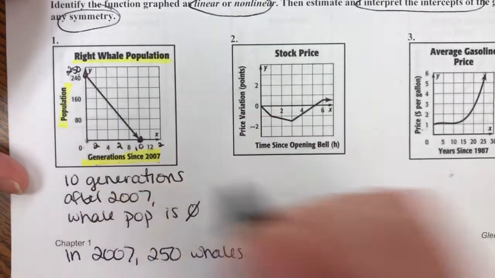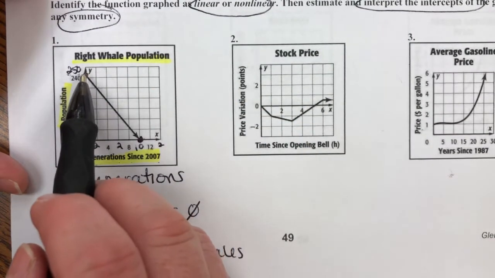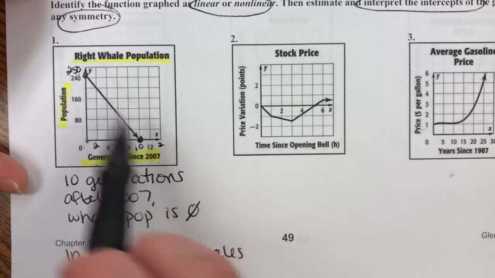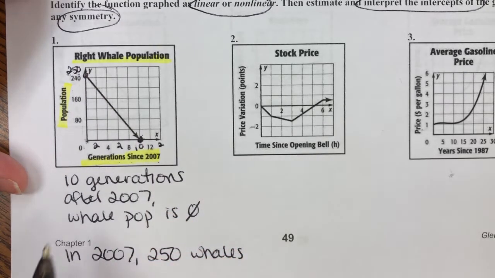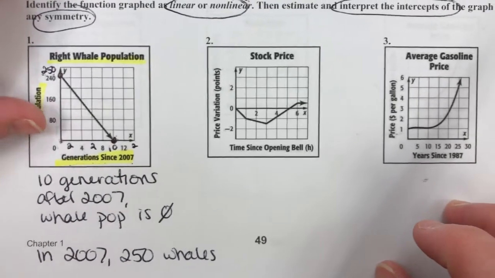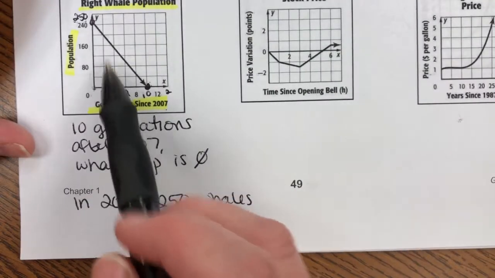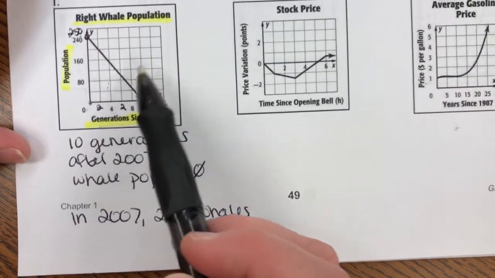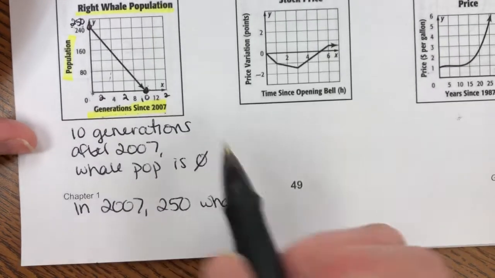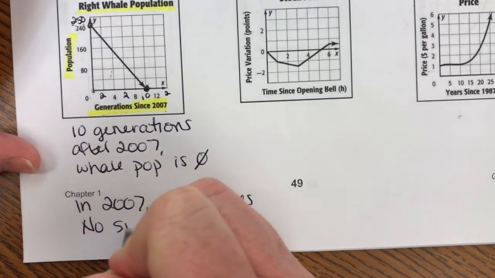That's what we can interpret from this graph. And then I guess they just kind of died off and fewer of them were being born. So after a while, they were done. They were extinct by 10 generations after 2007. Okay, next, we didn't discuss symmetry. Is there any symmetry? If I fold this in half anywhere, will it meet up? No. So we can say no symmetry.